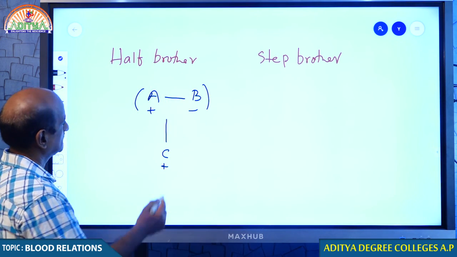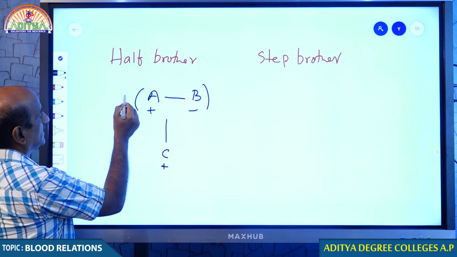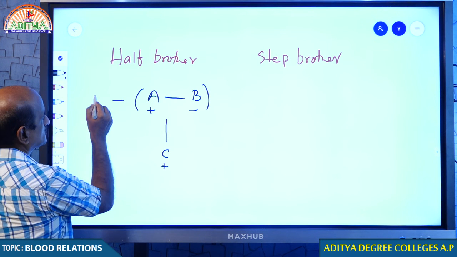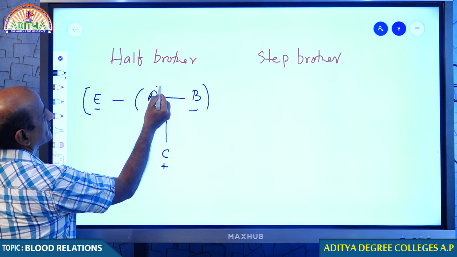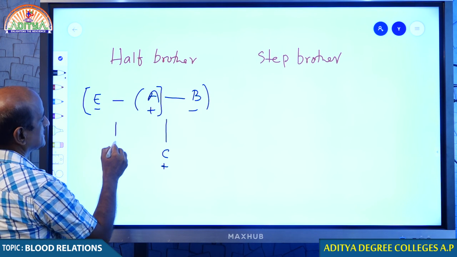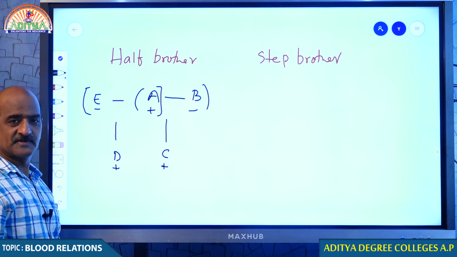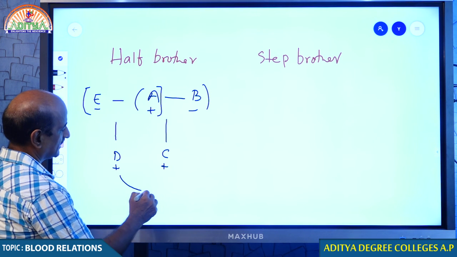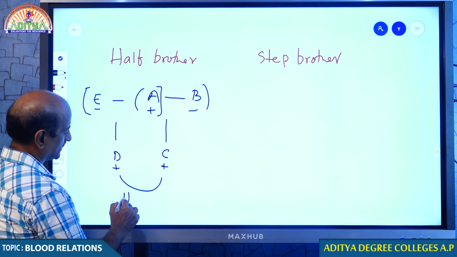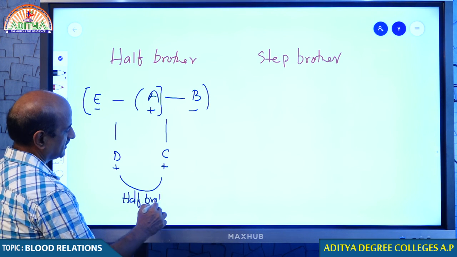And after some time, if A and B got separated and A again happens to marry another woman E, and for example, if these two couple have a son D, my dear students, C and D are said to be half brothers.